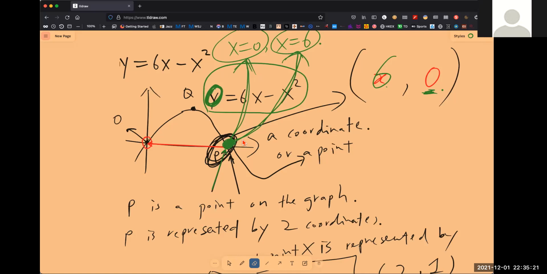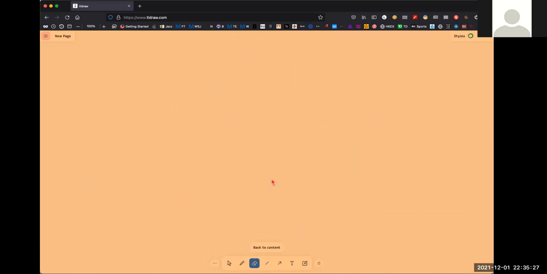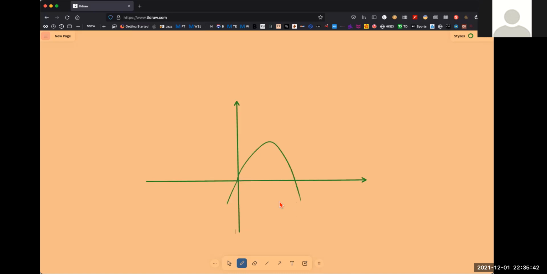So the line of symmetry is actually, so let's say if you have a curve like this, the line of symmetry, let me just draw the curve once again. Let me draw a better curve. Okay, so the line of symmetry is here, which cut the curve into half.